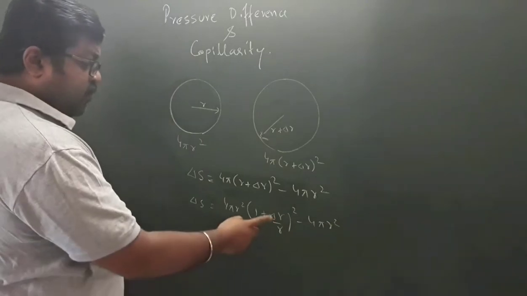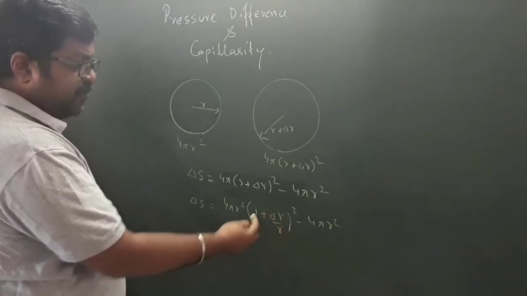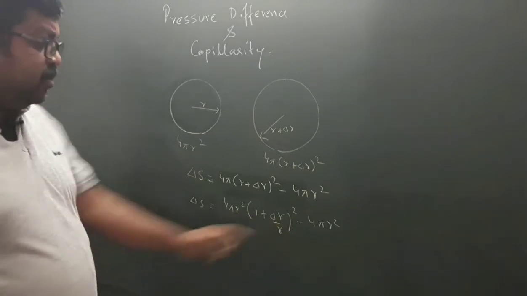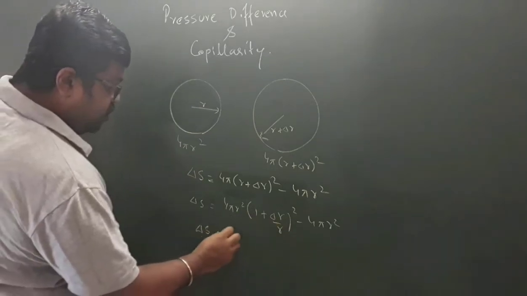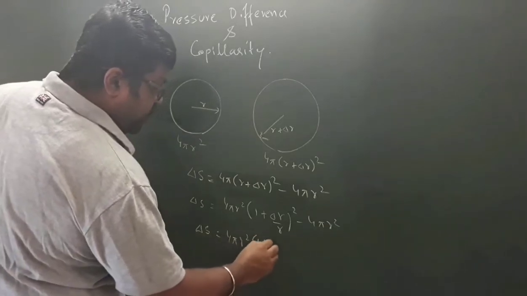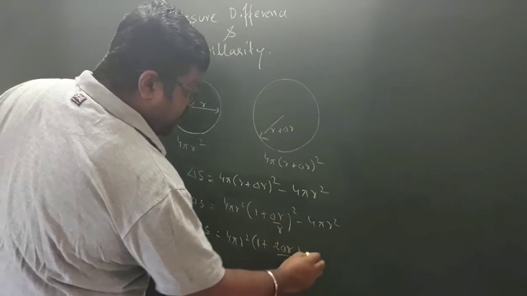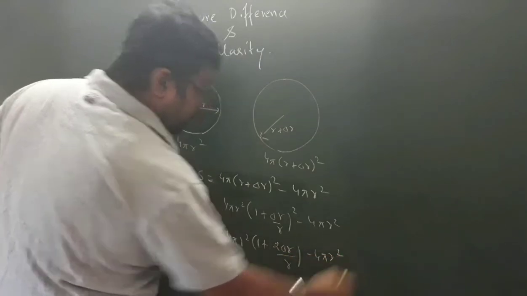Obviously delta r is very small, so delta r by r is very much smaller than 1, so I can apply the binomial theorem. We have delta s equal to 4 pi r square (1 plus 2 delta r by r) minus 4 pi r square.